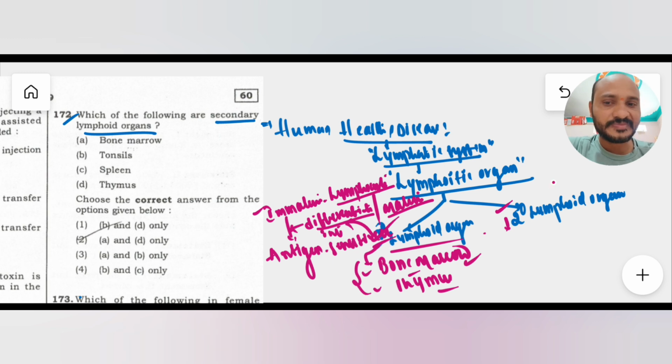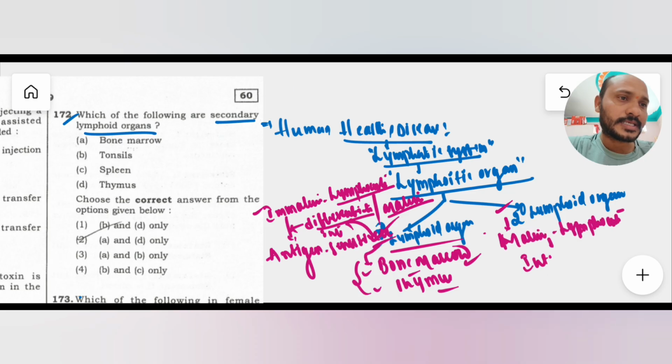But in the secondary lymphoid organ, the antigen-sensitive cells, meaning mature lymphocytes, interact with the antigen, which is nothing but the pathogen. The complete maturation of lymphocytes takes place in the primary lymphoid organ, but after maturing, the mature lymphocytes move to the secondary lymphoid organ. In the secondary lymphoid organ only, they interact with the pathogens or antigens.